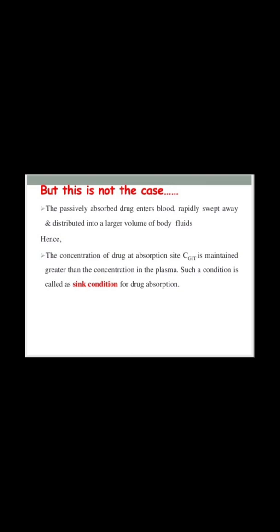But the passively absorbed drugs enter the blood, are rapidly swept away and distributed into a large volume of body fluids. Hence the concentration of drug at the absorption site, also called CGIT, is maintained greater than the concentration in the plasma. Such a condition is called sink condition for drug absorption.